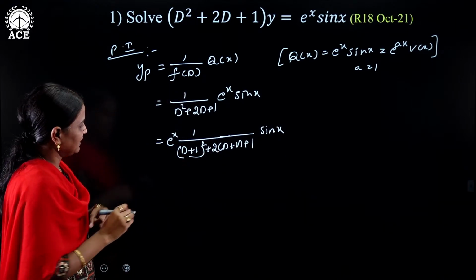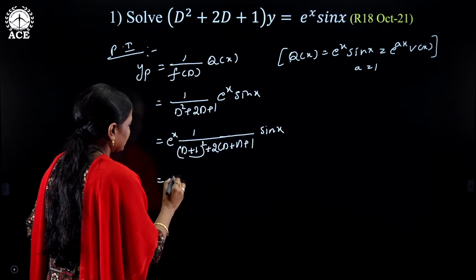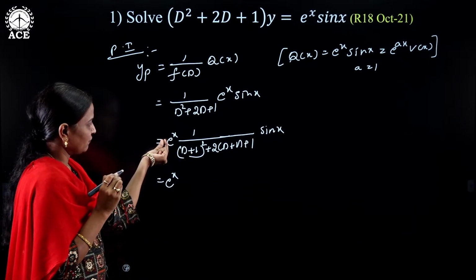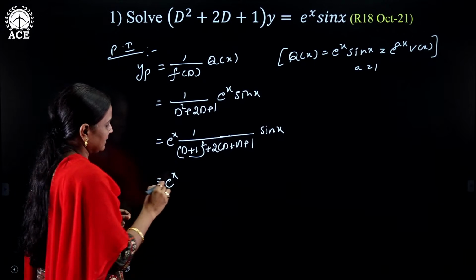Next, simplify this denominator. Don't operate any function with e power x, keep it as it is.